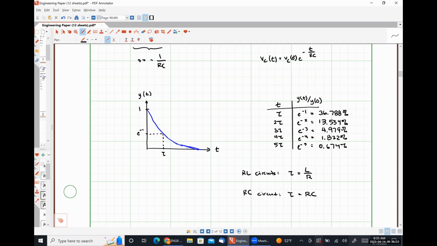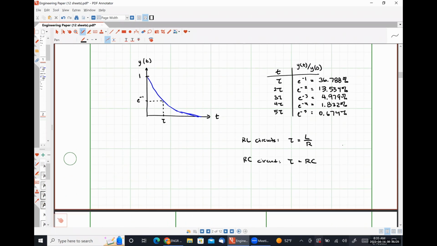So using this representation of a time constant, we can say generically that y sub n of t, where sub n is the natural response, which is what we're talking about today, of any voltage or current in a first order circuit will be of the form Y at 0 minus for t less than 0 minus, and it'll be Y at 0 plus times e to the negative t over tau for t greater than or equal to 0 plus.